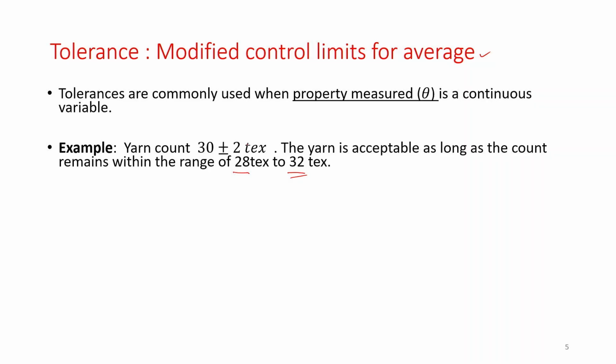So this tolerance plus minus 2, some companies may say plus minus 1.5, someone can say plus minus 1, but the lower the tolerance, the more difficult it will be to produce yarn which will lie within that tolerance limit, because the random sources of variations are difficult to control.